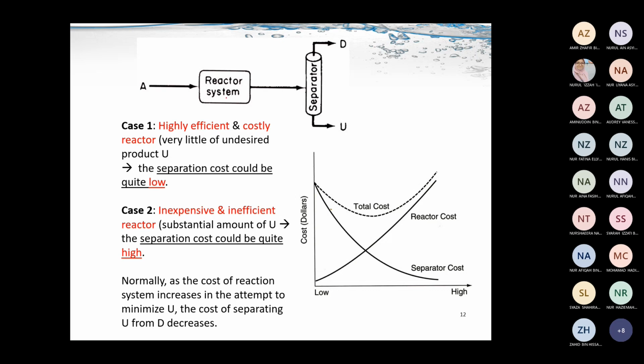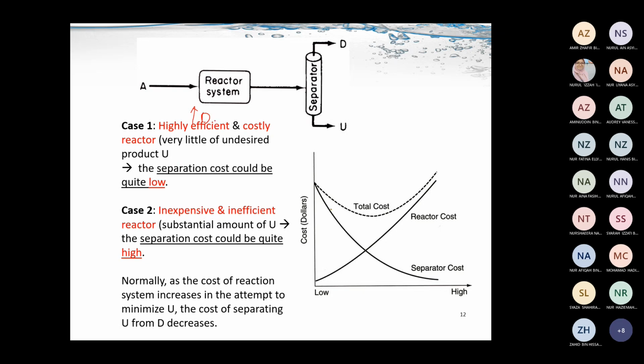Case 1: a highly efficient and costly reactor, producing very little undesired product U. Case 1 relates to an efficient system and a costly reactor, which means we produce very little undesired product U. If it is highly efficient, our D is okay, already maximized because the reactor is very efficient, and the separation cost should be quite low.